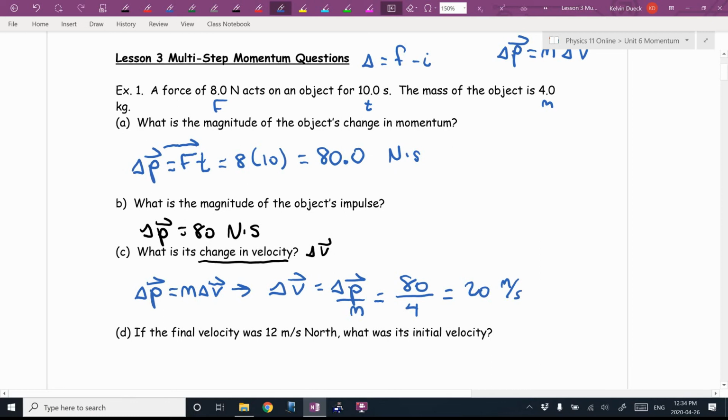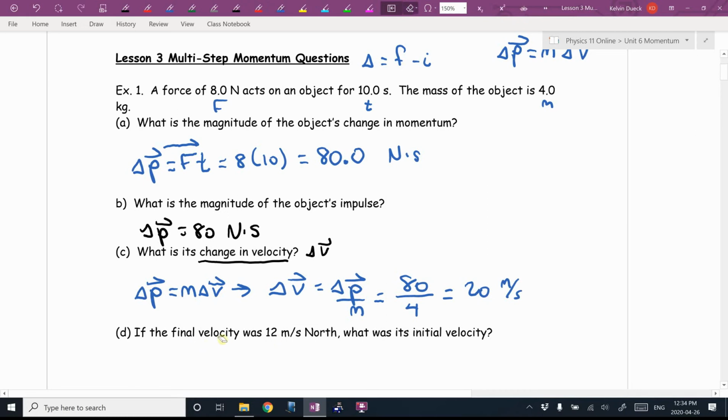This doesn't mean that the final velocity was 20 meters per second. Here's what it means. If we were initially going 3 meters per second to the right, our final velocity would be 23 meters per second to the right because we changed by 20. If we were initially going 1 meter per second south, our final velocity would be 21 meters per second south.